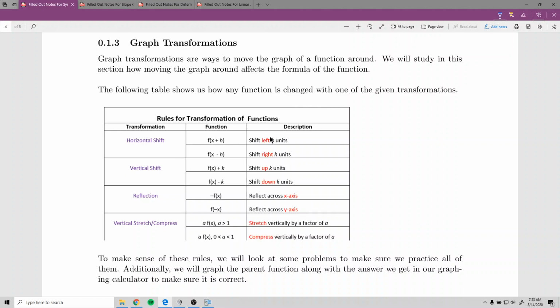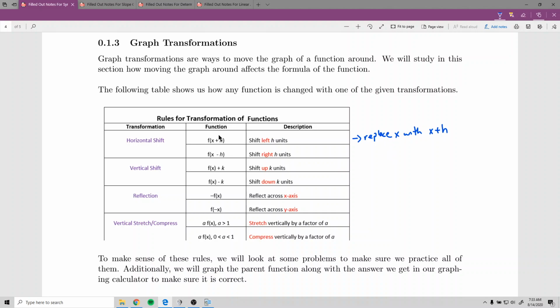The first pair are horizontal shifts, so moving left and right. And I just like to read off in words what the function is saying. So this first one here says shift left h units. What the formula is saying is we replace x with x plus h.